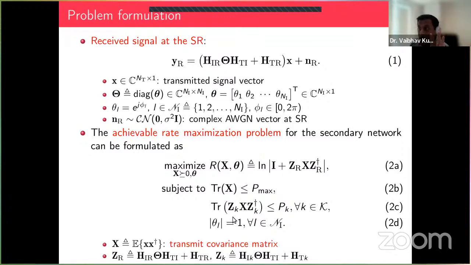We will still be using alternating optimization, but we hope that we hit the local optimum, or at least that my convergence point will be better than in the existing scenario, where they apply alternating optimization but have coupling in multiple places.